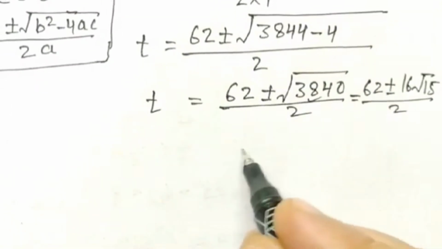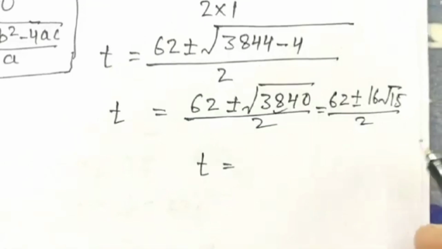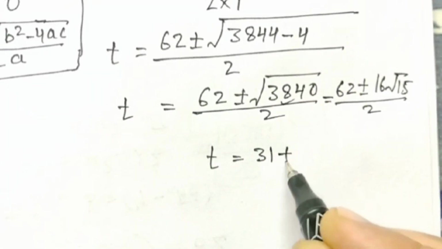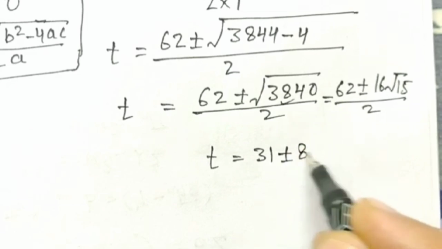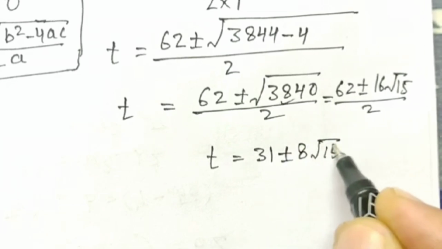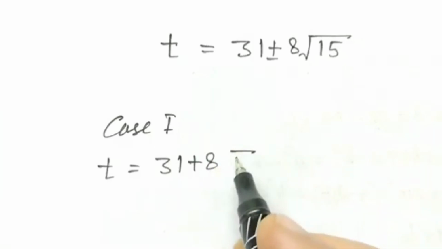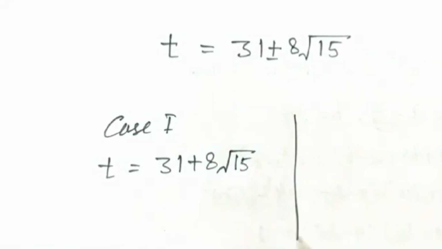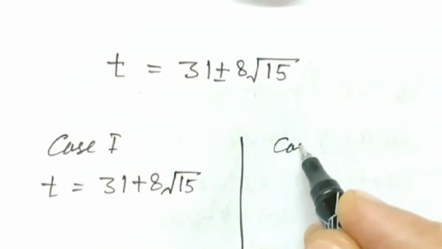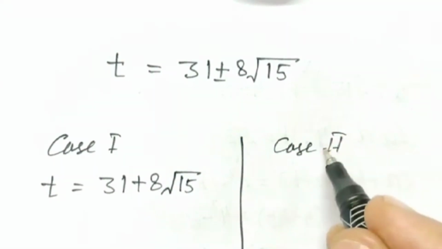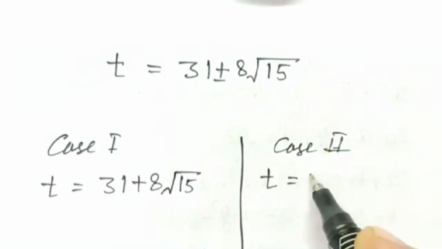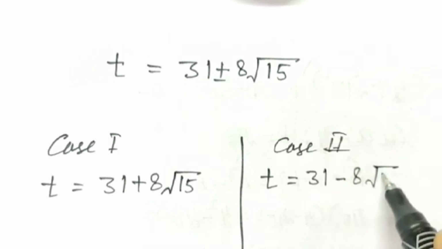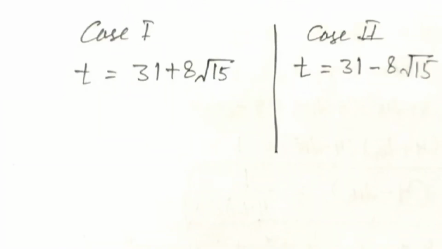So t will be equal to 31 ± 8√15. And case second, t is equal to 31 - 8√15.